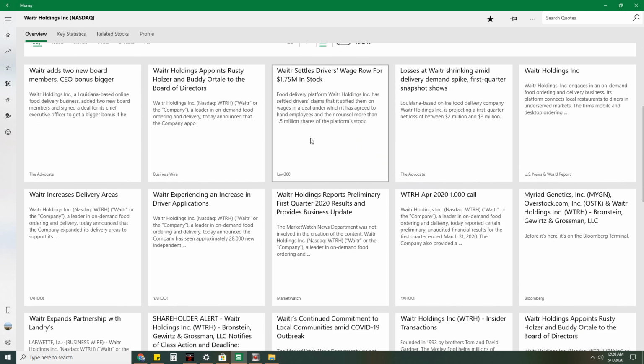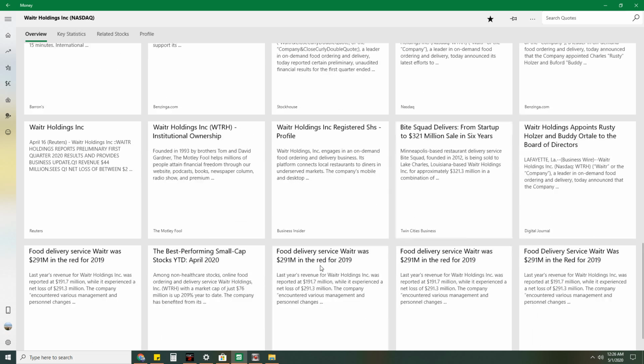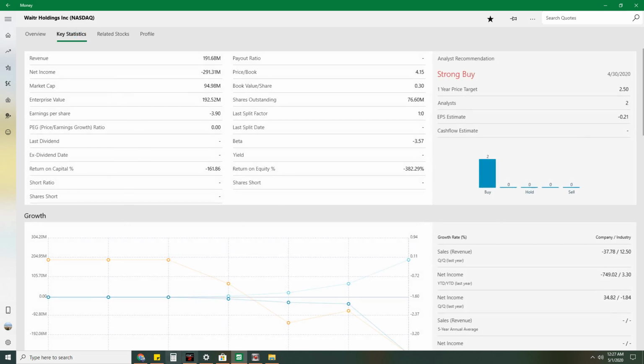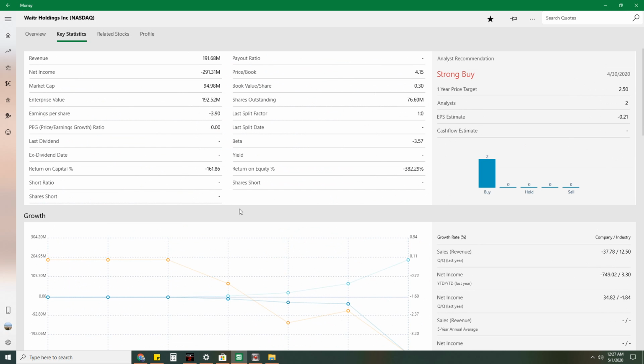Obviously there's news here about this company and so forth. You can read up about it. Key statistics will tell you the income and the revenue. So 191 million. It looks like a decent company. To some people it may not look that way, but even Microsoft recommends it as a strong buy.